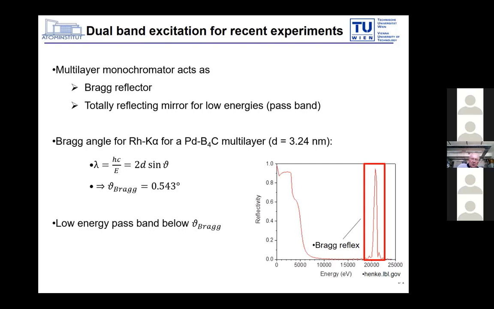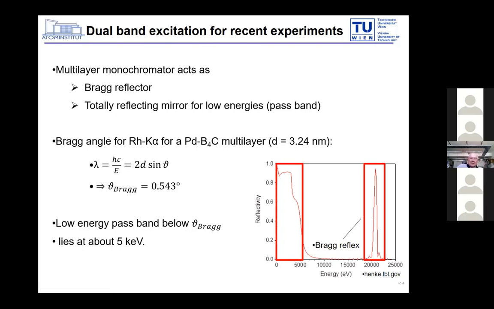It starts here at around 5 and goes up to really about 90%. And this is the region we are using. So this is the secret of this dual excitation mode.